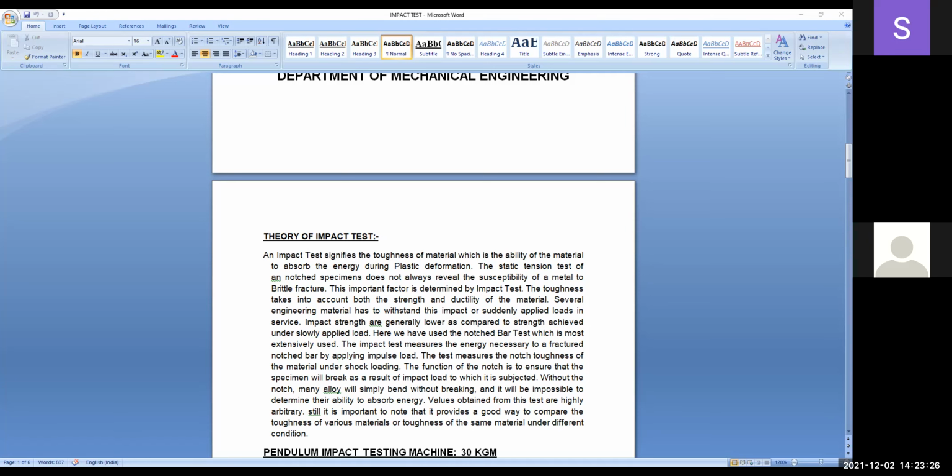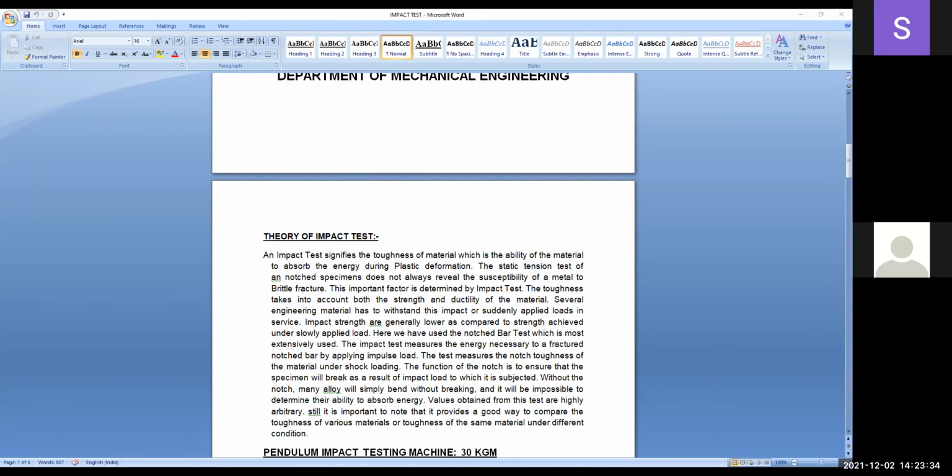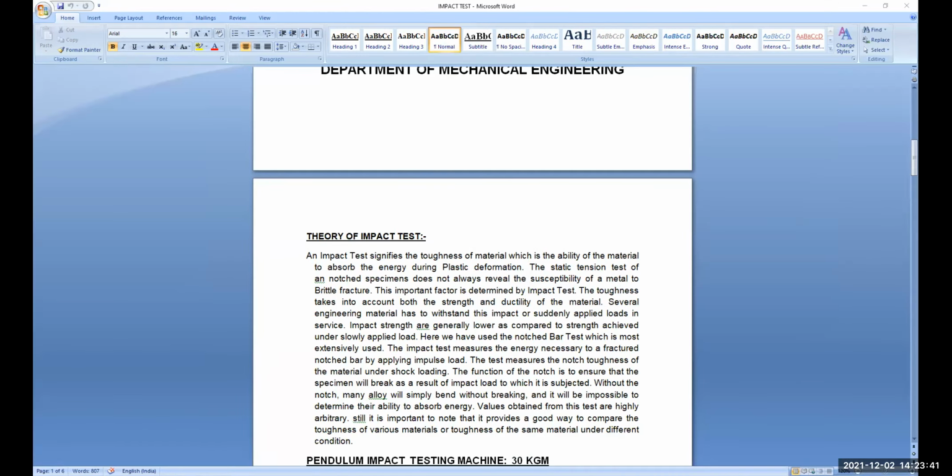We made the test piece weak so that it can break during the application of the sudden impact load, so that we can understand how much energy it is liable to absorb. So the function of the notch is to ensure the specimen will break as a result of impact load.